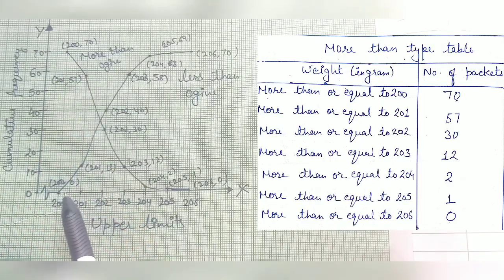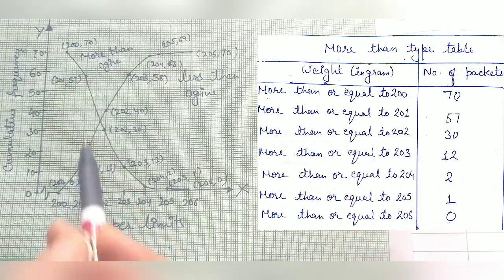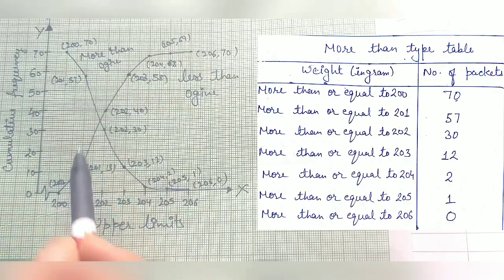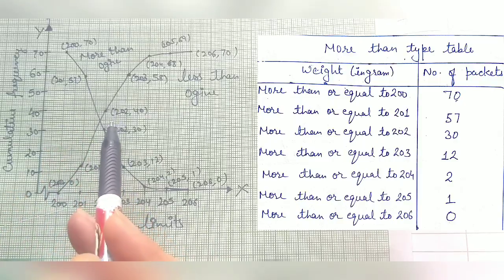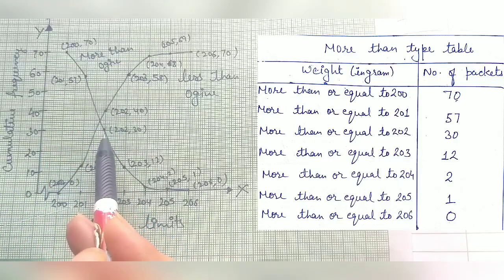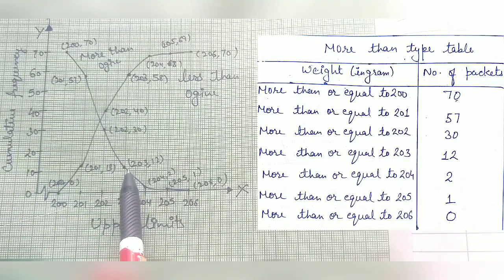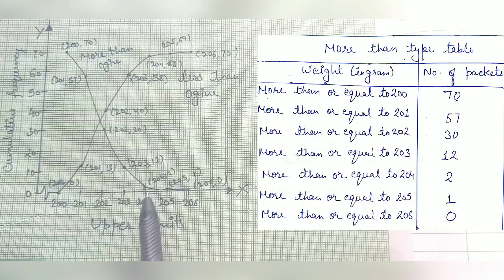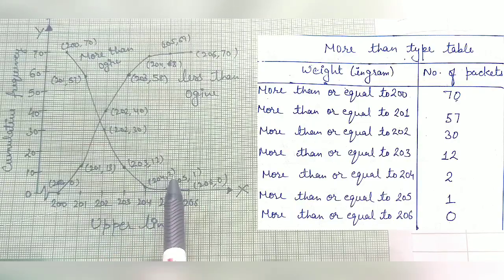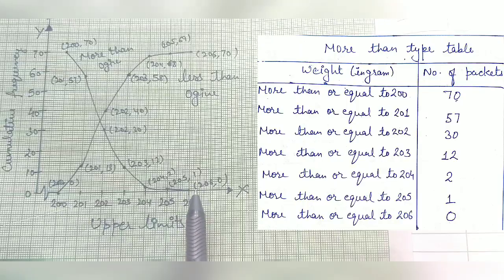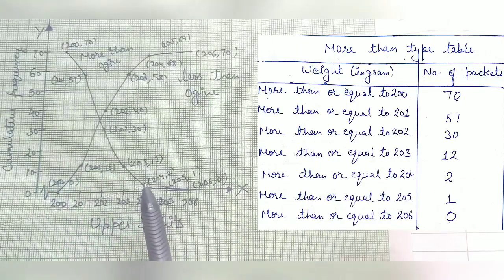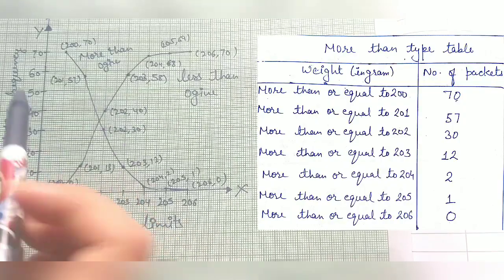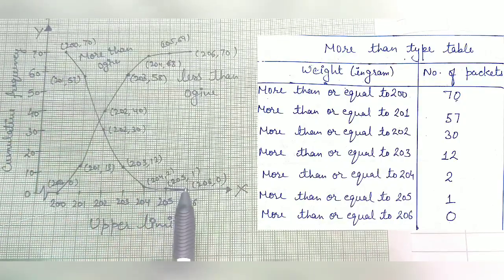Next value is 201 and 57, so we plot 201 and 57. Next is 202, 30. Next 203 and 12. Similarly 204 and 2, 205 and 1, 206 and 0. So we plot all the points from the more than type table on the graph paper and join them by freehand.